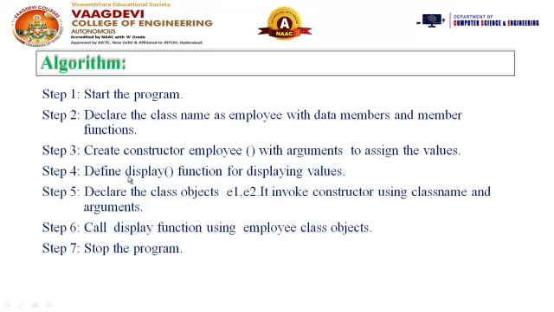In step 4, we define the display member function to display the values. In the next step, we create an object for the employee class. It invokes the constructor automatically and the constructor argument values are passed from the object declaration. In step 6, we use this object to call the display member function.